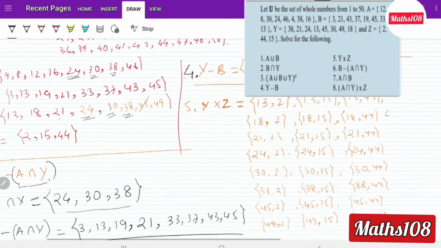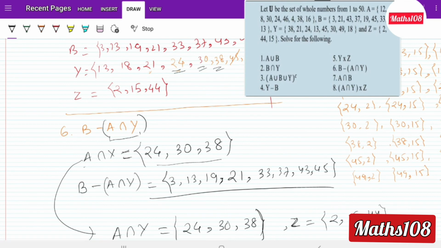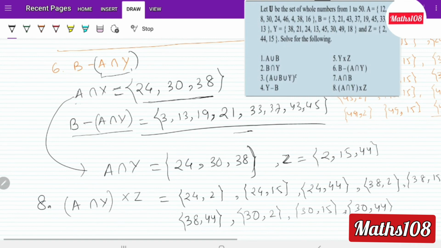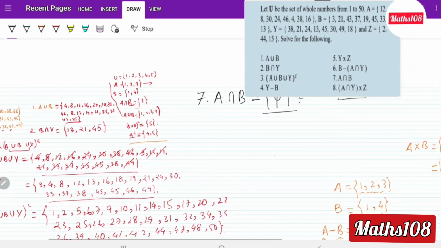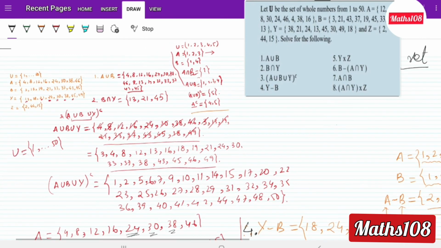Number 6. B minus A union Y. We need to calculate A intersection Y. First we have calculated that here, and we need to remove these elements from B. So over here. After that, number 7, A intersection B. We calculated A union B, but what is A, not union, I'm sorry, A intersection.